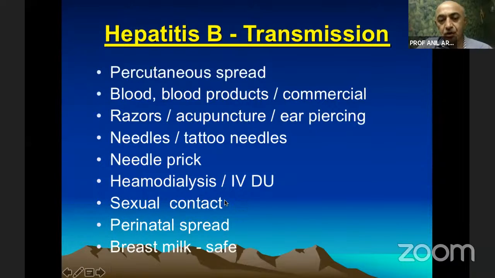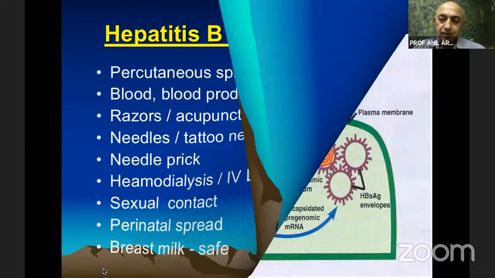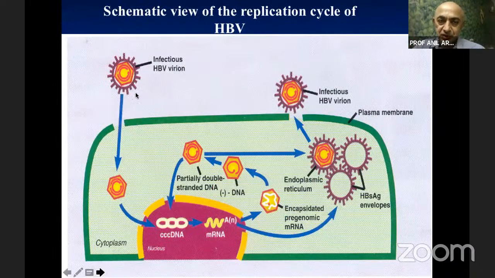Then there is sexual contact. An infected male can spread to a female partner and vice versa. There may be a transmission of the infection during the perinatal period from an infected mother to the innocent newborn baby. Luckily, breast milk in hepatitis B is safe to be used.